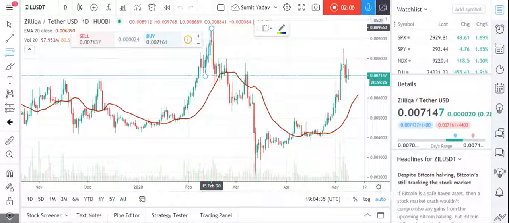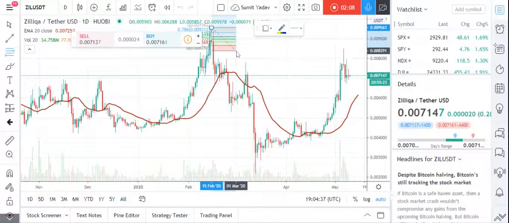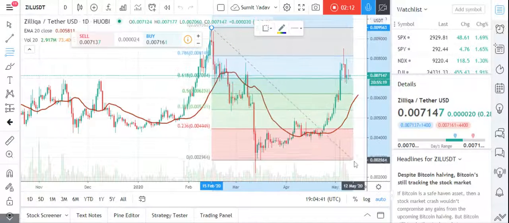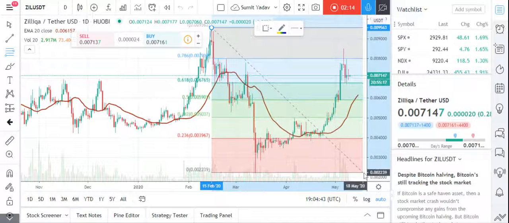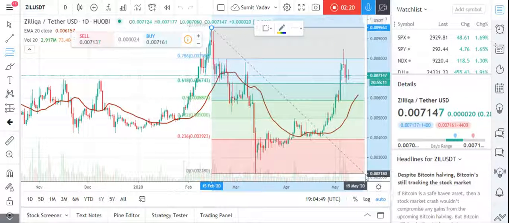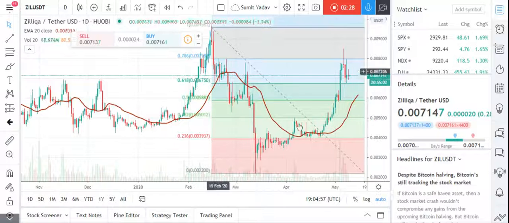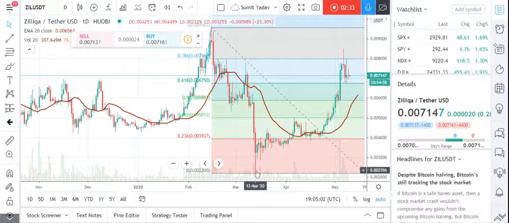I'll take this extreme point and draw a Fibonacci retracement over it till this extreme point. So we have drawn a Fibonacci retracement from this extreme point to this extreme point.